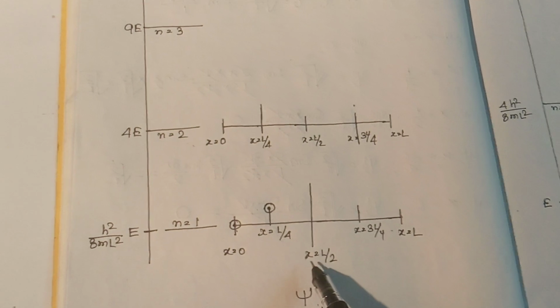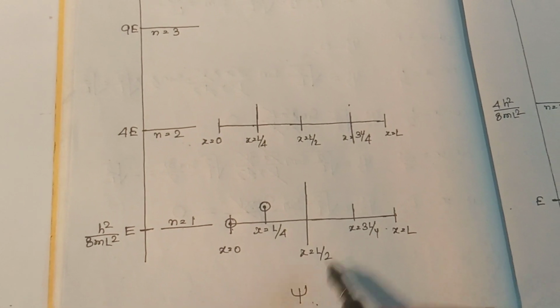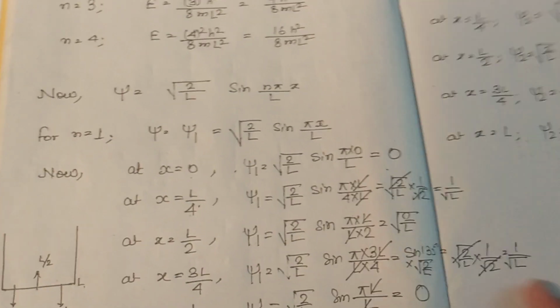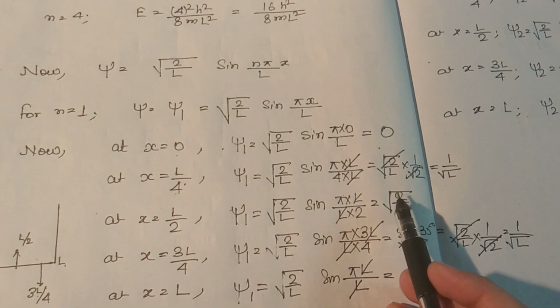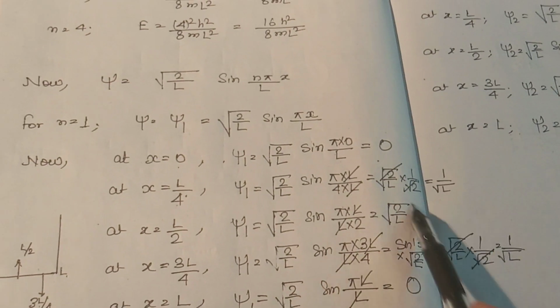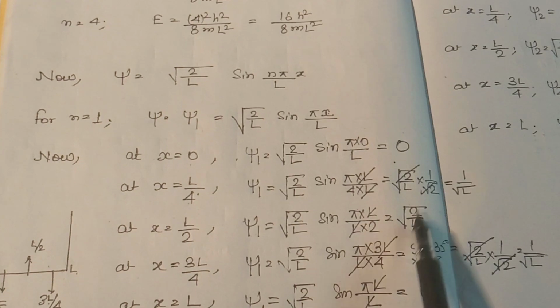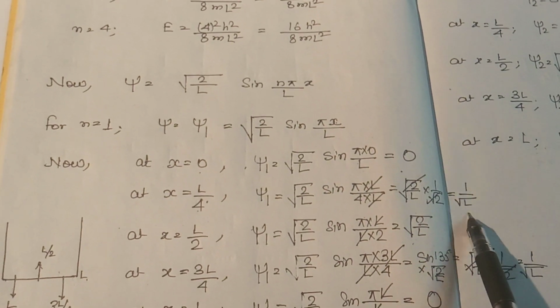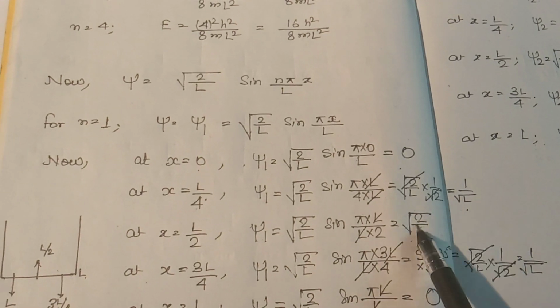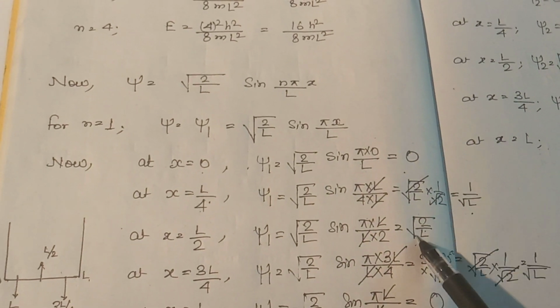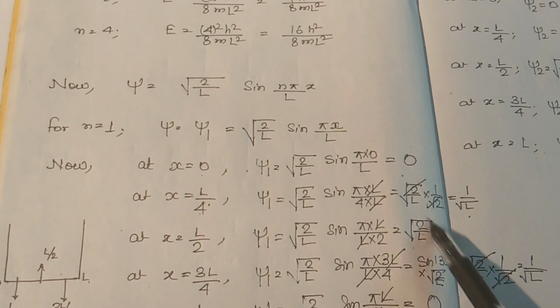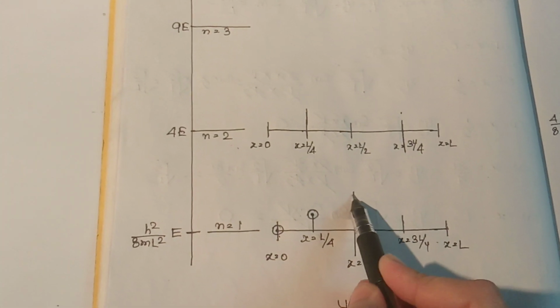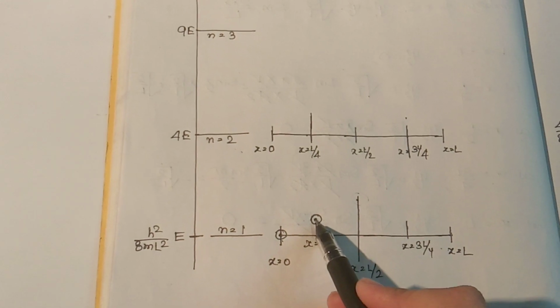Then at x is equal to L by 2, the quantity that came is square root of 2 divided by L. Since the quantity is square root of 2 divided by L, this is greater in magnitude than square root of 1 divided by L. That's why we can say that the height of this quantity will be greater than the height at this position.